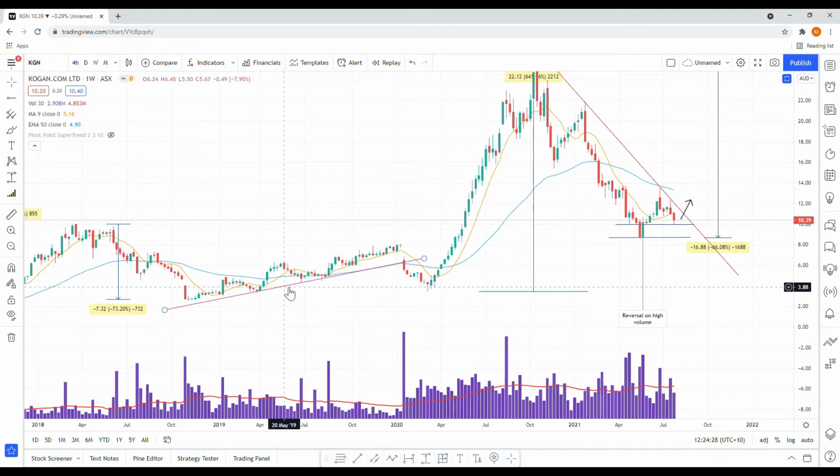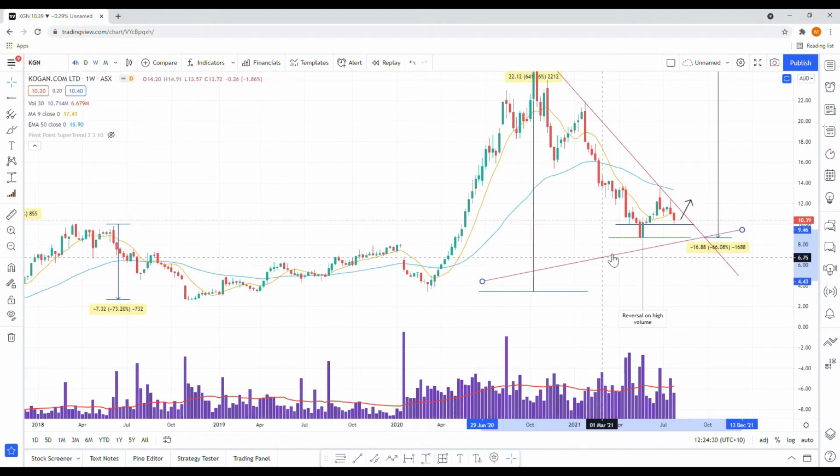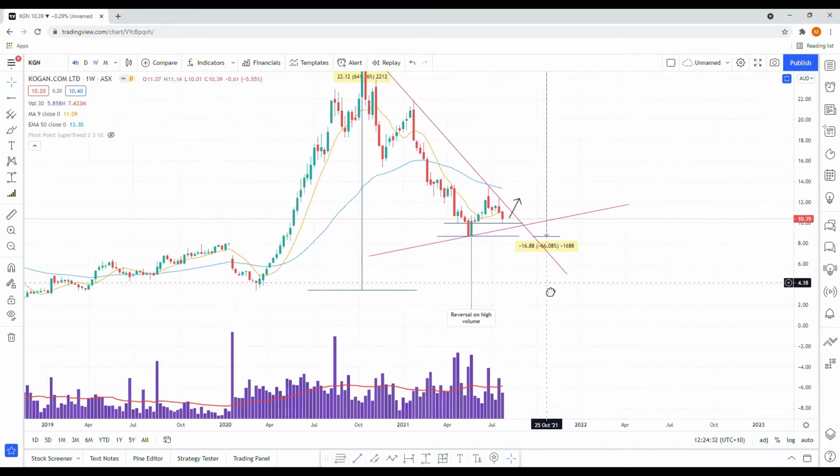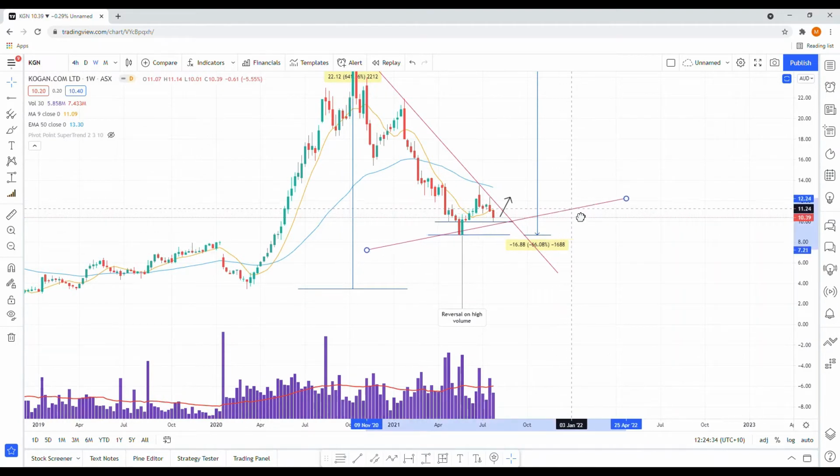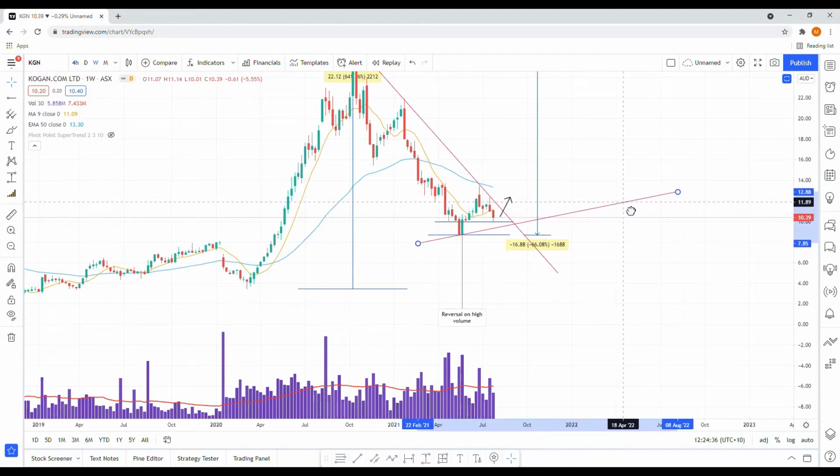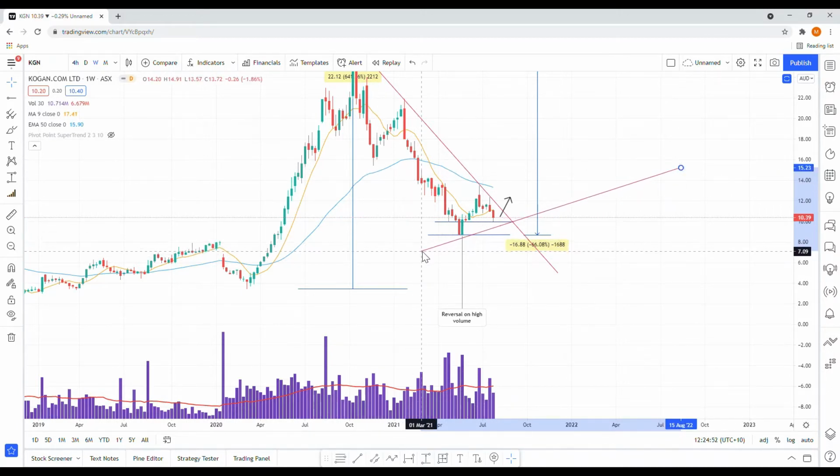So if I take this one here, let's say we are on the same trajectory, it can come down and retest this one, or I have a feeling this may be the low, so it may take a trajectory like this now.